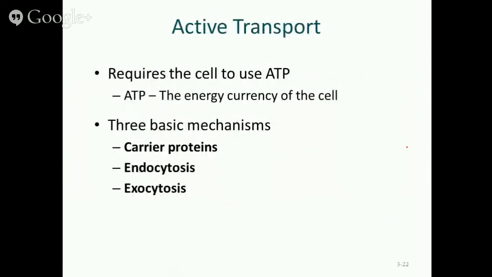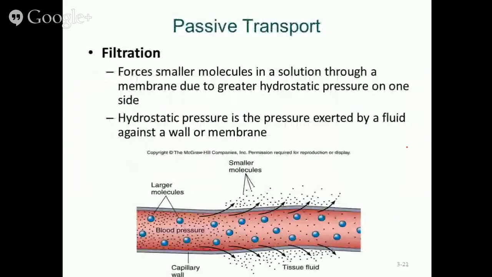Okay, we'll just finish here with filtration. This is the last type of passive transport, meaning it doesn't use energy. All that happens with filtration is sometimes there's areas in our body with higher blood pressure, where the pressure of the liquid parts of our blood can force solute particles out, okay?